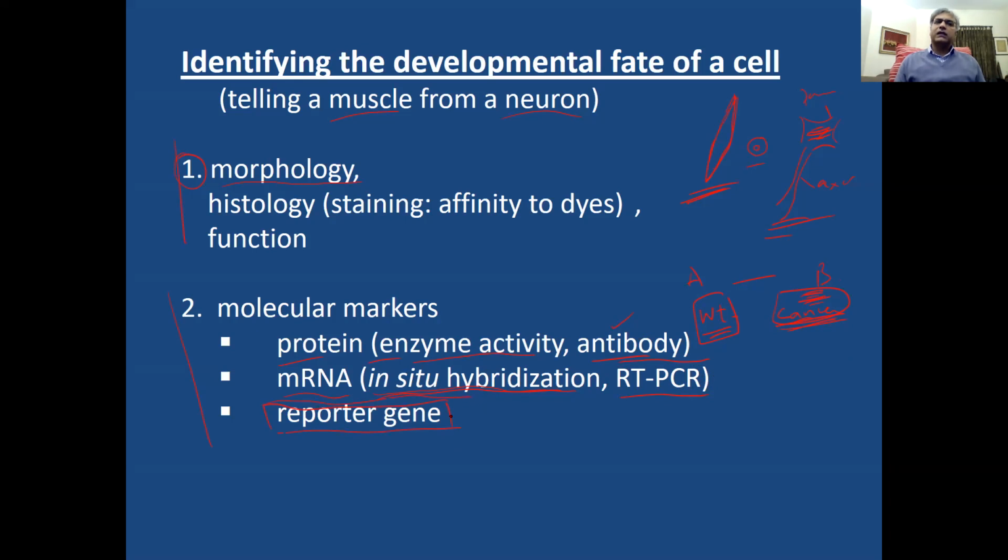But remember this: developing a tissue-specific reporter, it can be GFP tagged, luciferase tagged, or a tissue-specific promoter driving GFP or luciferase. This is a very useful tool, but we'll talk about this in detail in a later part of today's recitation or maybe next week.